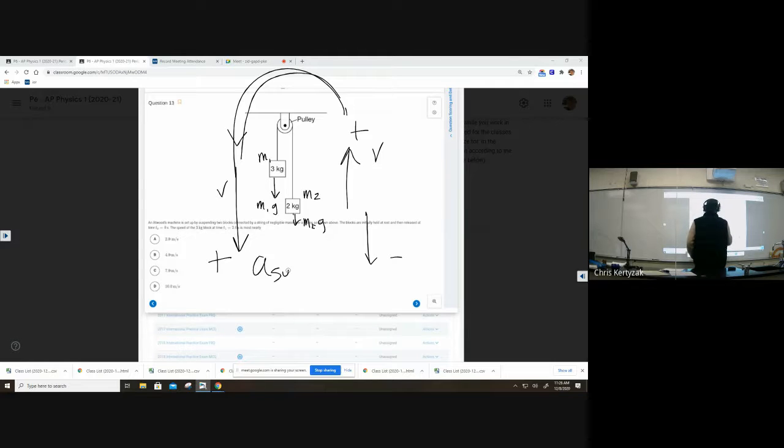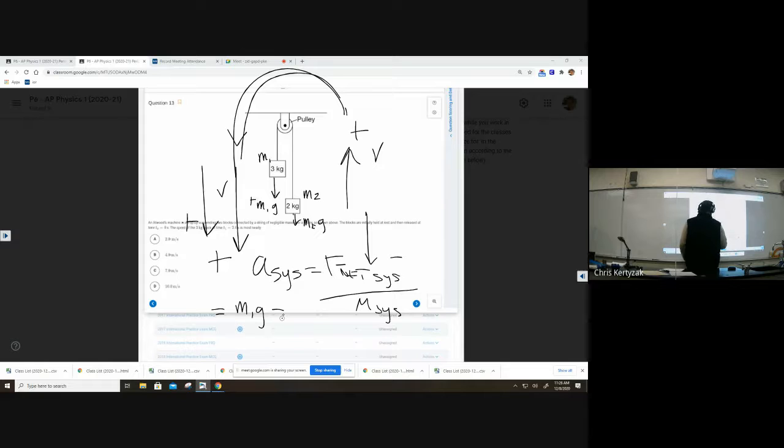So the acceleration of the system is equal to the net force on the system divided by the mass of the system. The net force would be, since they're moving downward, I'm going to call that plus. It'll be m1g, that means this one is plus, minus m2g, all divided by m1 plus m2.